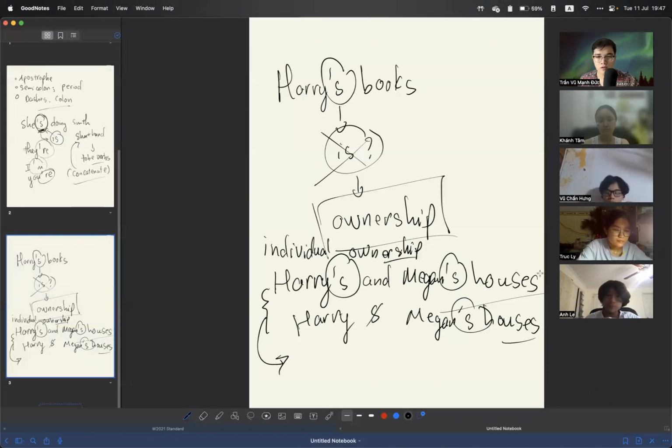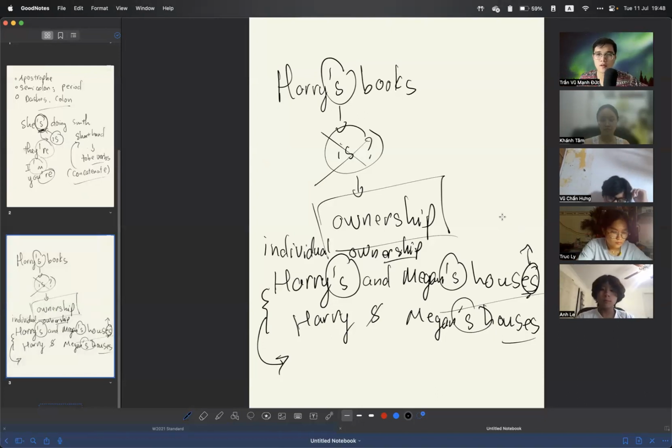And there's one catch. Usually they would use plural because you can only have two different houses. Because if I say Harry's and Meghan's house, it doesn't make sense because they own different houses, but they're still living in the same house. That doesn't make sense, right? So usually this would be plural, except for some special cases only.